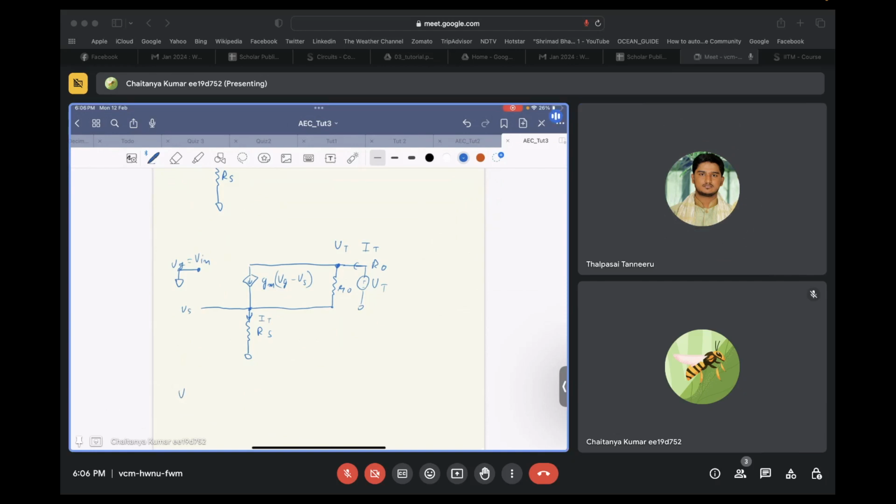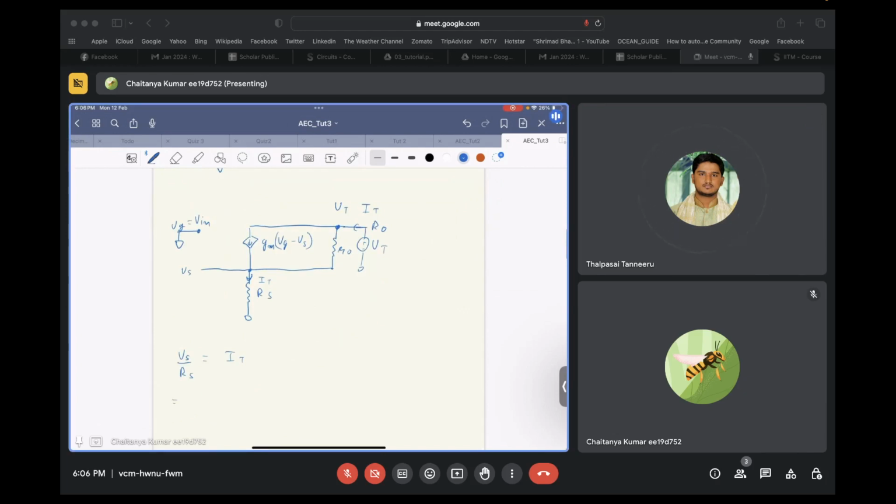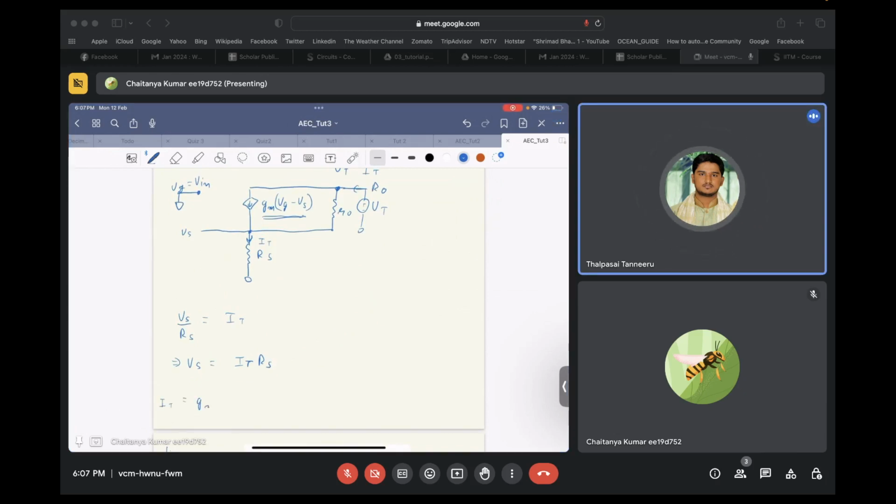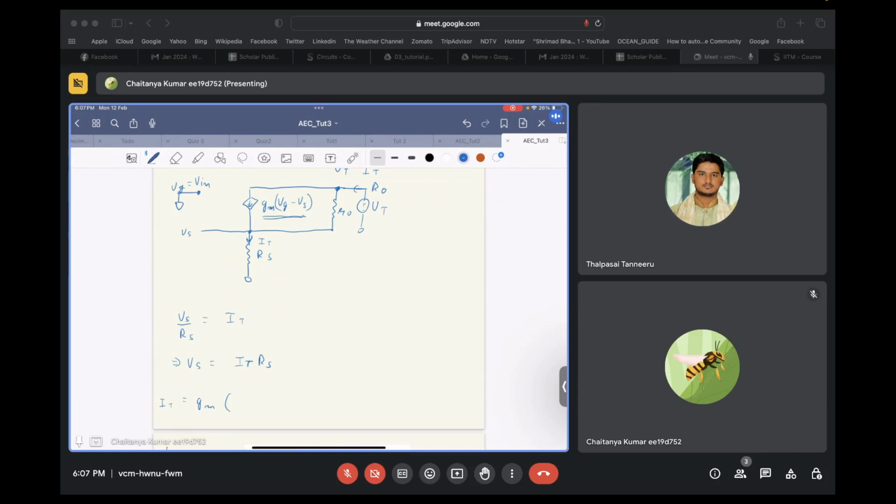Itest can be written as Vs by Rs, or in other words, Vs is equal to Itest times Rs. Now what is the current Gm times (VG minus Vs)?